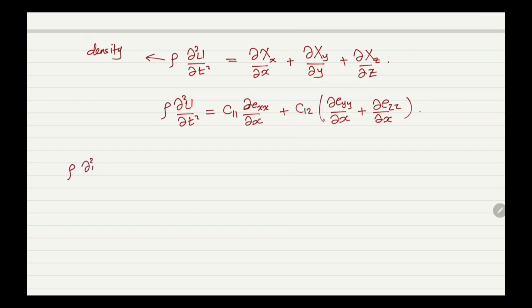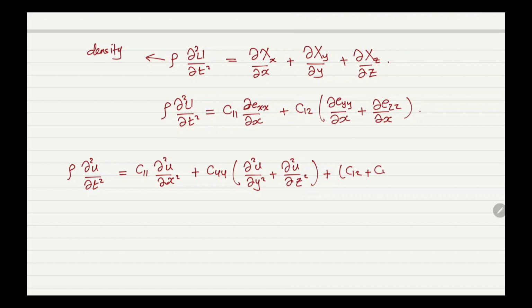Rho partial 2u partial t square equal to C11 partial 2u partial x square plus C44 (partial 2u partial y square plus partial 2u partial z square) plus (C12 plus C44) times (partial 2v partial x partial y plus partial 2 omega partial x partial z).